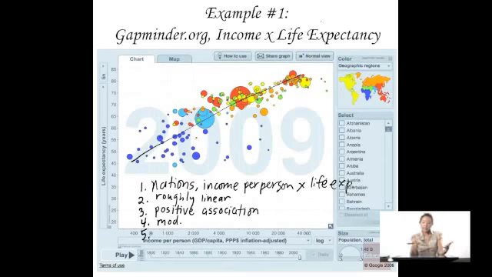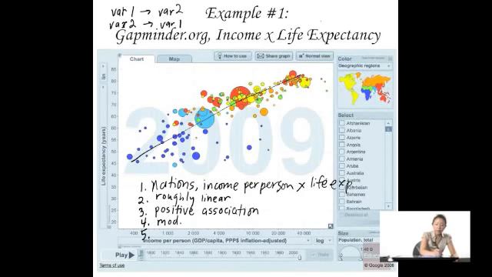And number 5, let's think about why this might be. Well, we want to consider a couple of things when we think about the relationship between these two variables. We want to think about how variable 1 might impact variable 2, but we also want to think about how variable 2 might impact variable 1.